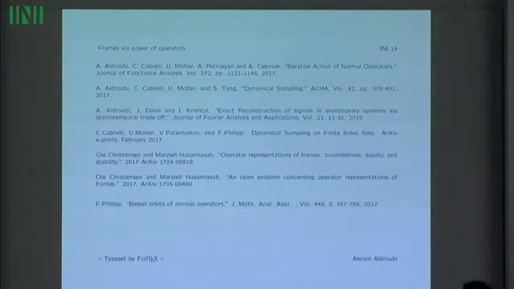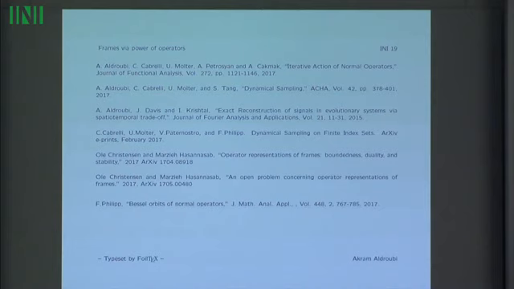Let me tell you a little bit. This is just a short list of some things, if you're curious and want to see what kind of things have been done, and there are some other citations there you can look at. Ole Christensen and Marzieh Hassannabad decided to look at this problem in a different way.